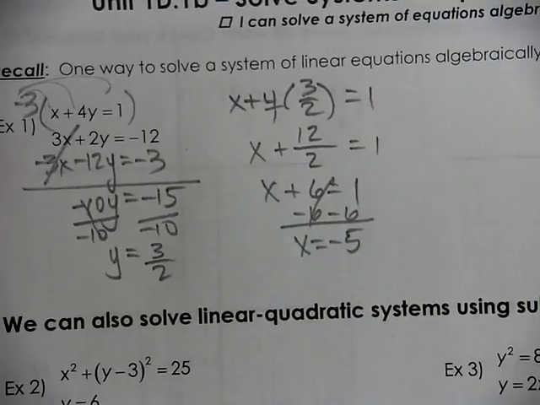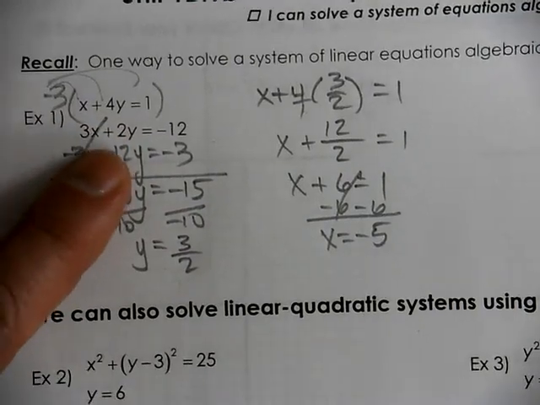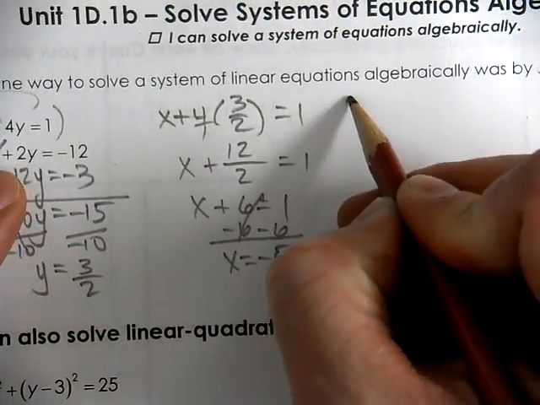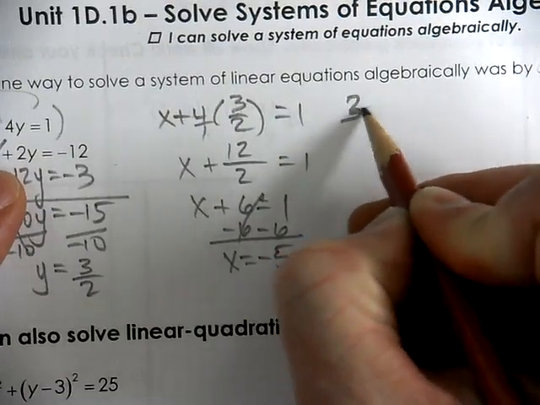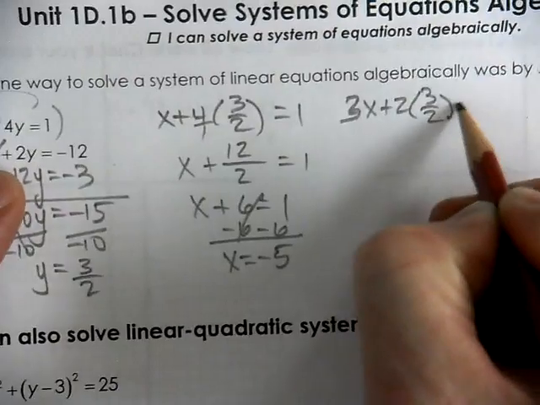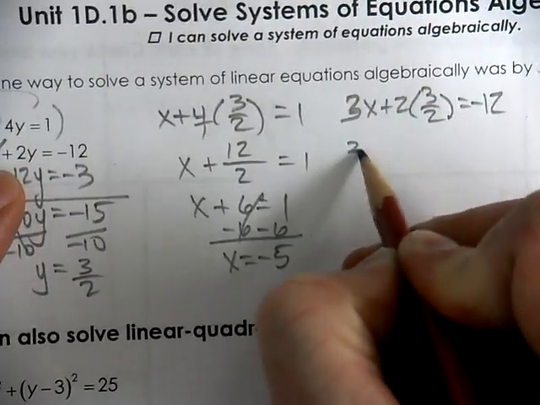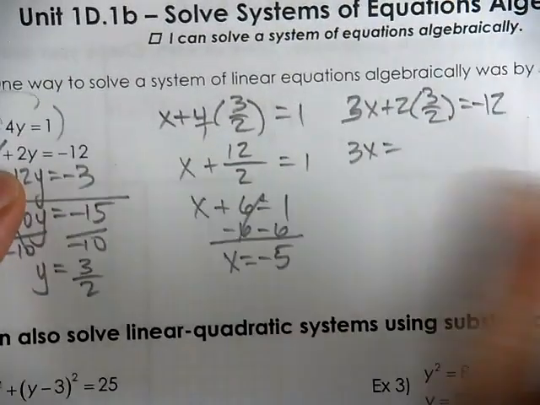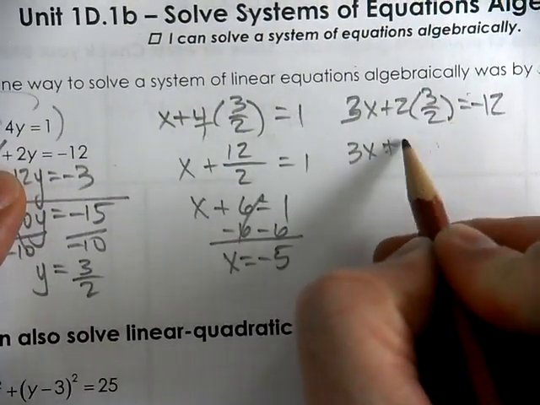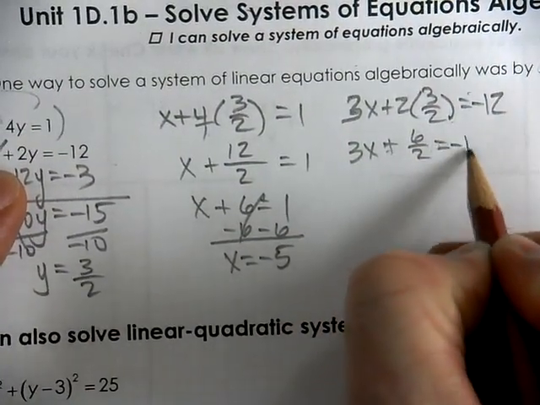Now, for a moment, we can test it in the other one. If you really want to know if you've done it right, you could test it in the other equation. You don't need to do this. But just to show you real quick, this becomes 6/2, because 2 times 3 makes 6.